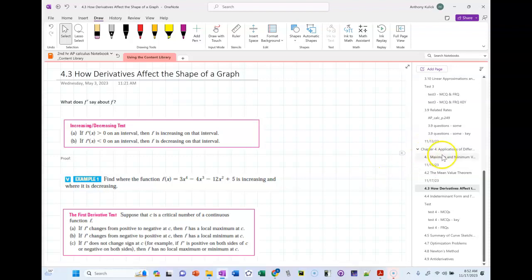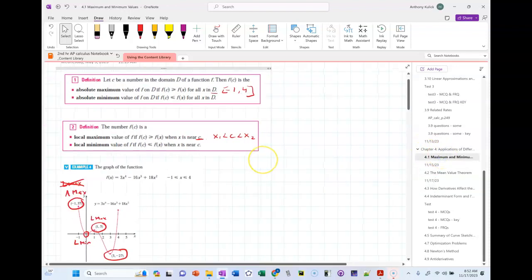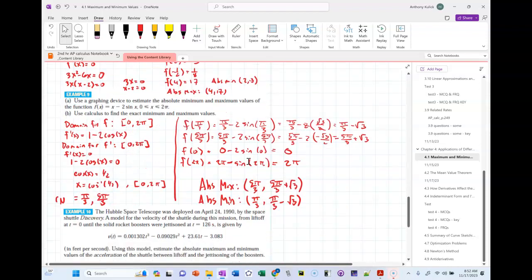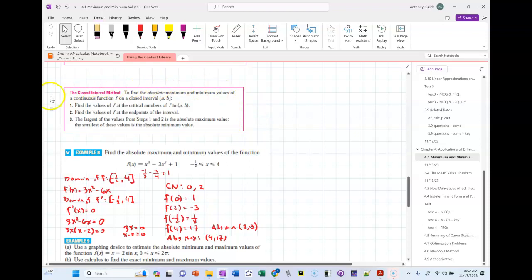Because in 4.1, we developed a method for determining our absolute mins and maxes that required a closed interval, where we just tested the critical values and the endpoints of our interval, and then picked the biggest one as the max, and the lowest one as the min, right?